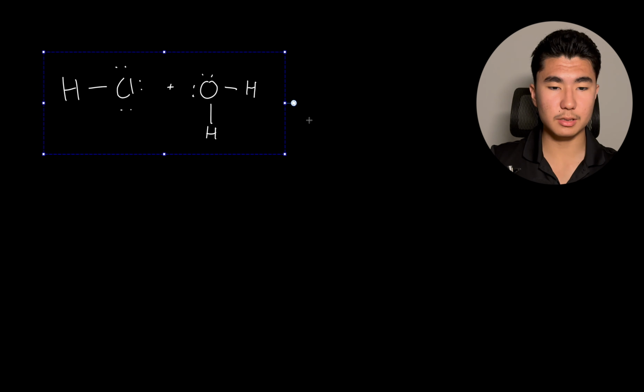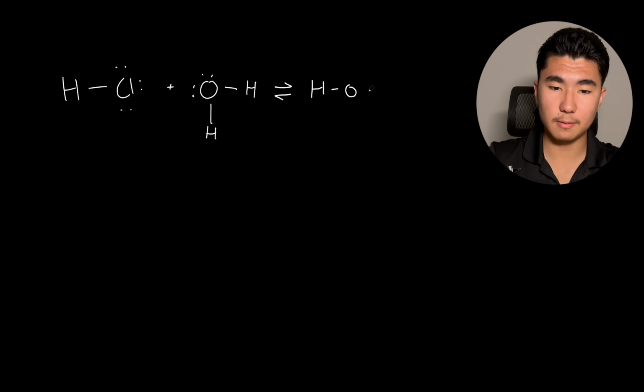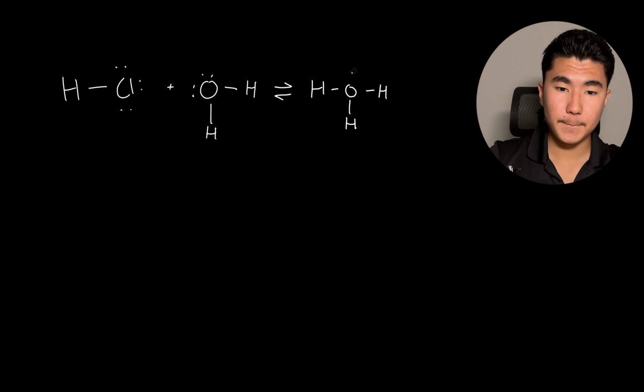So we have HCl, hydrochloric acid, plus water, because this is in a solution. And this is also in equilibrium. This is going to turn into hydronium, which is H3O plus, and we have that plus charge up top.